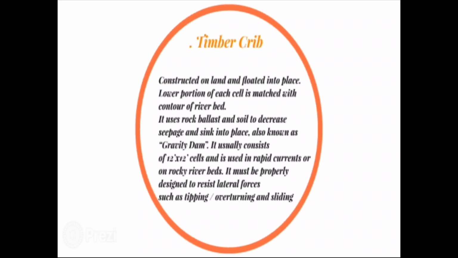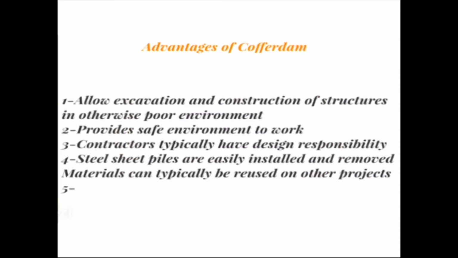It usually consists of 12 by 12 cells and is used in rapid currents or on rocky riverbeds. It must be properly designed to resist lateral forces such as tipping, overturning, and sliding.